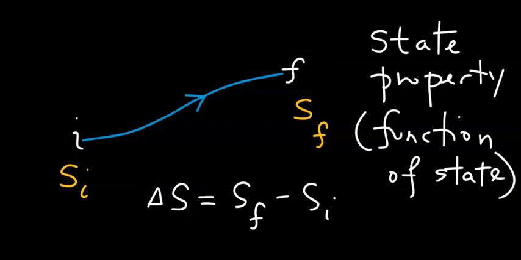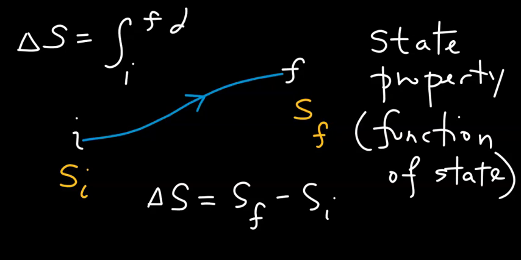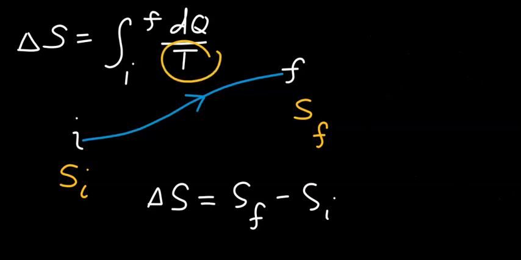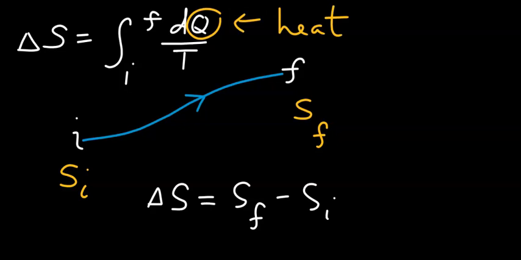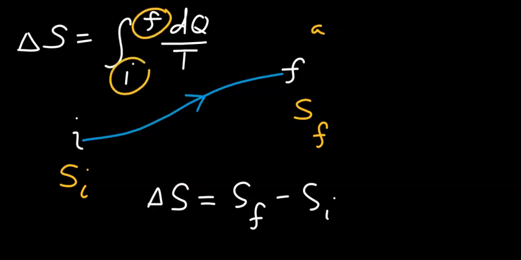So the mathematical formula to compute the change in entropy is quite simply given by the following expression: the integral from I to F of dQ over T. T is the temperature of the system in units of Kelvin, Q is the heat transferred to or from the system, and the integral runs from the initial to the final state.